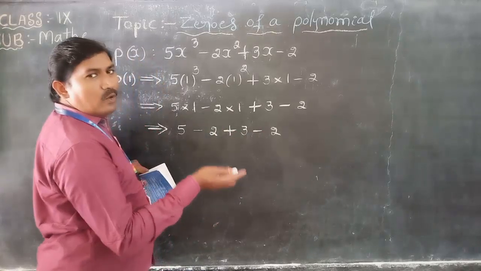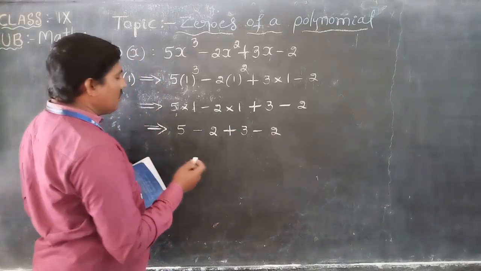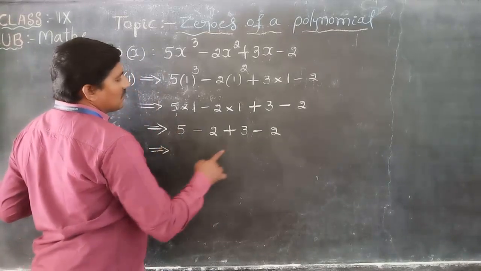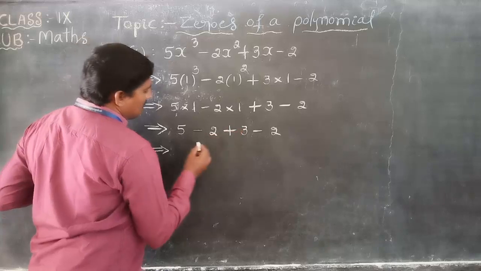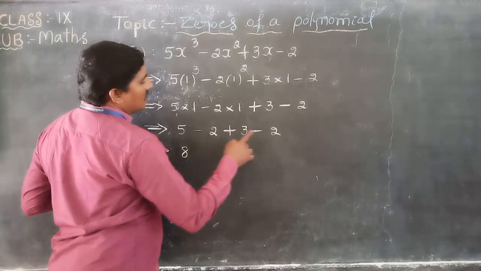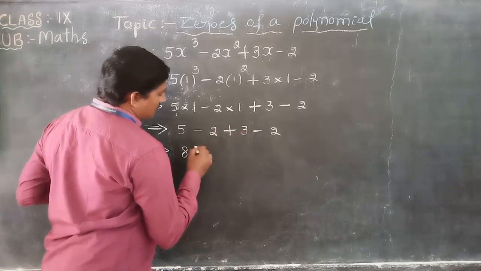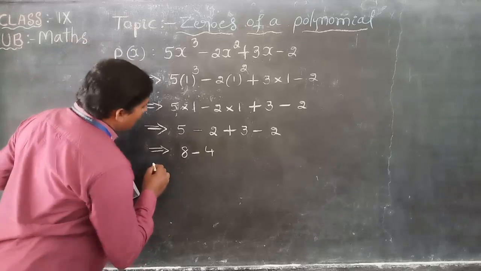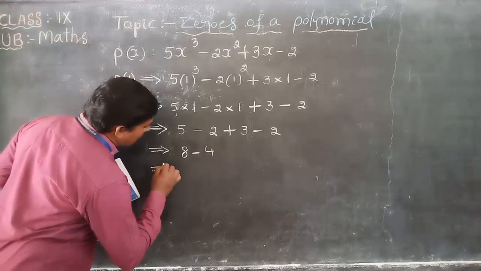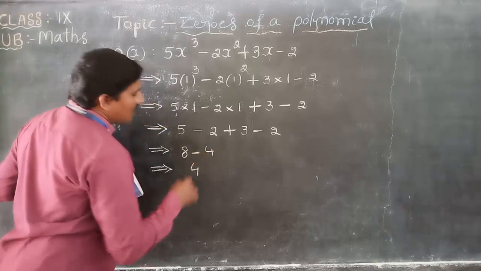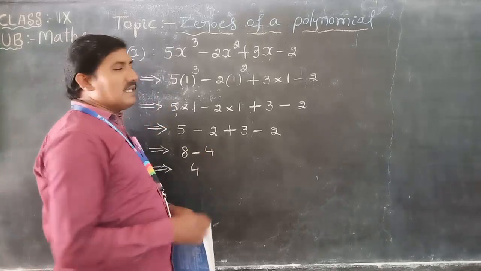We will add both positive and both negative values. 5 is positive, 3 is positive, 5 plus 3 is equal to 8. Minus 2 and minus 2 is minus 4. So one is positive, one is negative. What should we do? Subtraction, and the symbol is the symbol of the bigger number. 8 minus 4 is equal to plus 4, because here 8 is the bigger number.